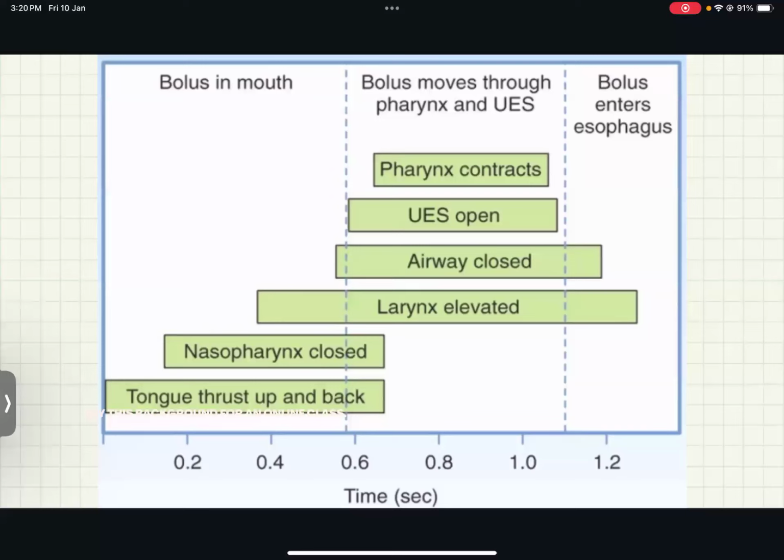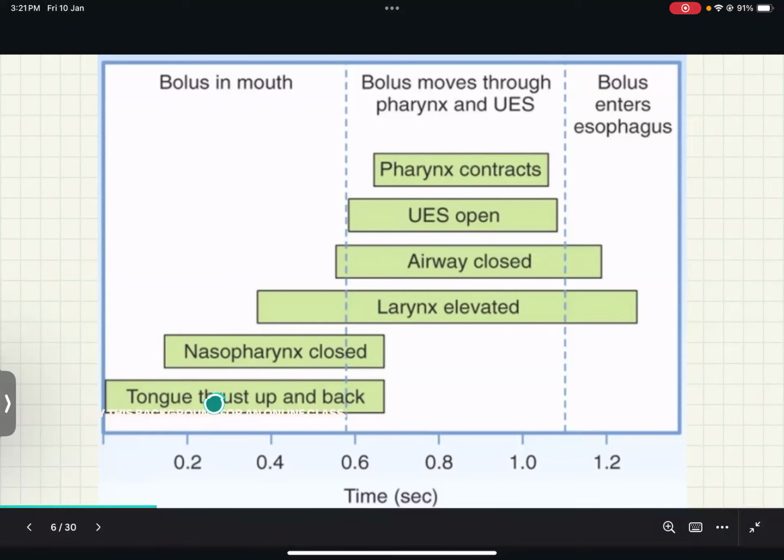You're crunching it, you're eating it, and then it turns into a bolus and needs to be sent to the esophagus. So what the tongue does is thrust up and back in order to push this bolus posteriorly to go to the nasopharynx and down the esophagus.